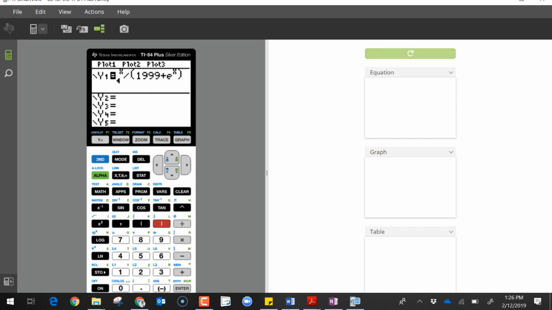So again, when you hit graph, you're not going to get anything useful here, right? So you want to adjust your window. Negative 40 to 40 might be a little too much. I'm just going to go from negative 10 to 40, maybe 20. The scale tells you what the tick marks should be.